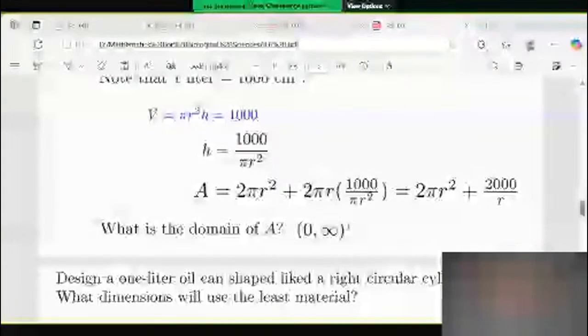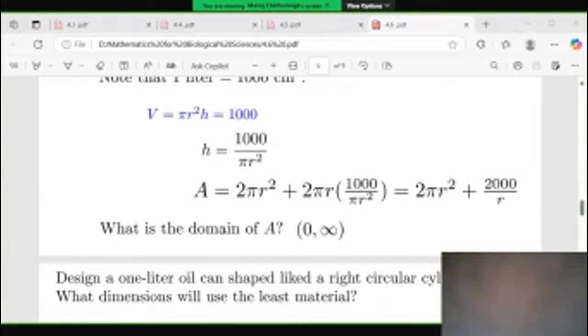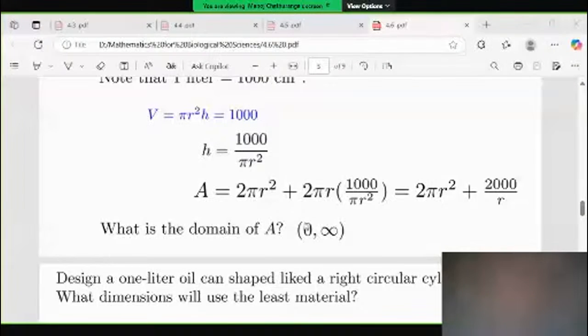So this is the domain, 0 to infinity. R can take any positive real number. All right, so this is the domain. It is not that helpful, but this is an open interval, not a bounded closed interval. It goes to infinity.